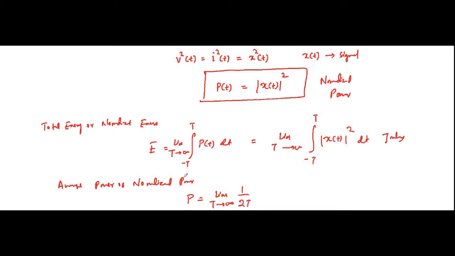Because we are taking both the negative and positive time durations from minus T to 0 to plus T. So that's why 1 by 2T integral from minus T to T of x square t dt, or this one. Okay, this P is equal to E by 2T. So we write this expression. Okay, and this is for continuous time domain signals.